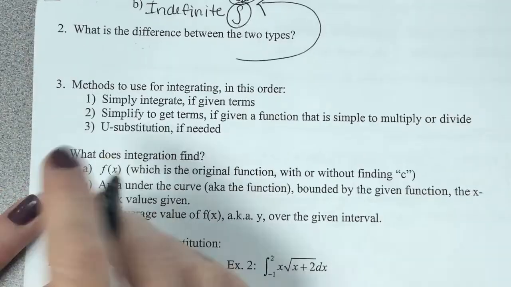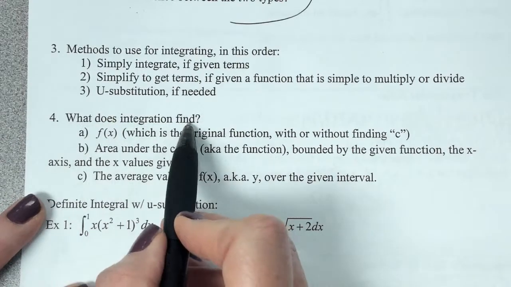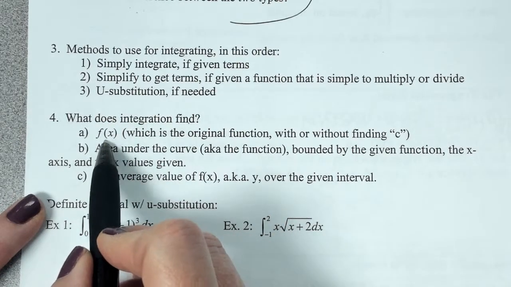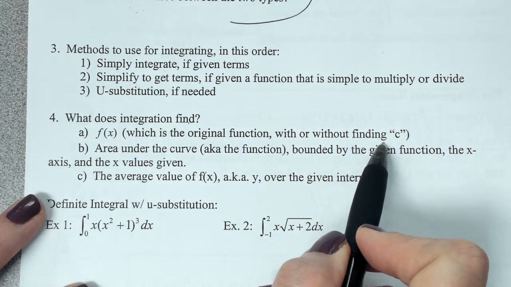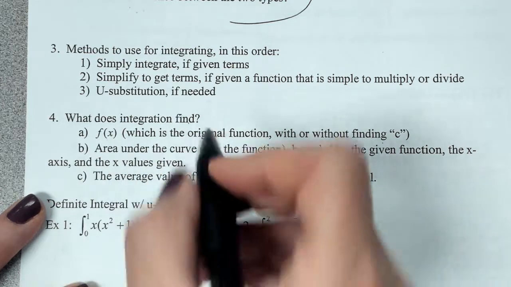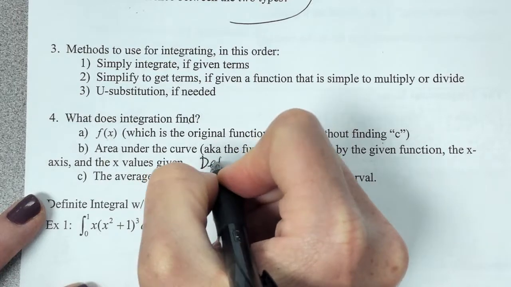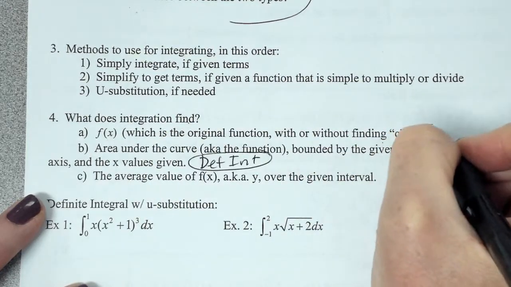All right, and then we're going to talk down here. So what does integration find? Well, one thing it can do is just find the original function, f of x. We can find c if necessary. If we have a definite integral, you want to put definite integral here. This will be indefinite.